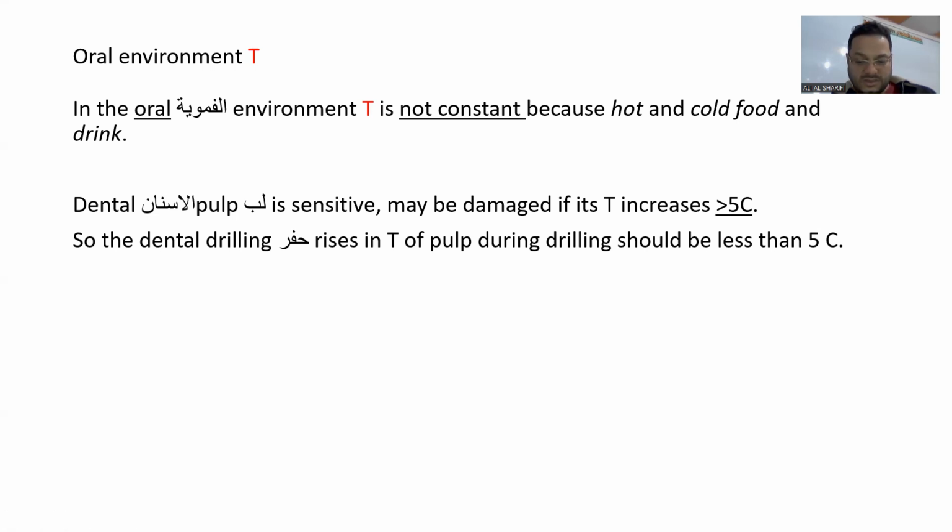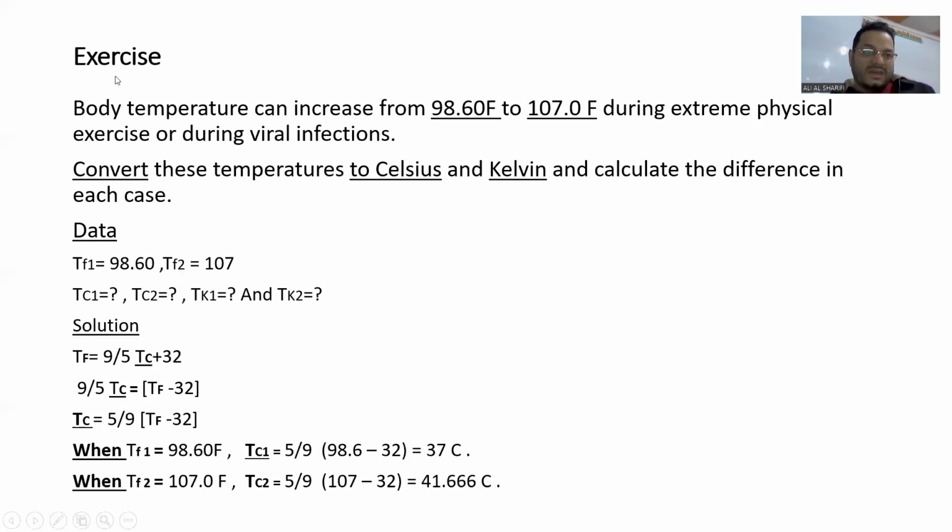You must note that. Here we have an example to learn how we can convert temperature units from one to another. Body temperature can increase from this temperature to this during extreme physical exercise or during viral infections.